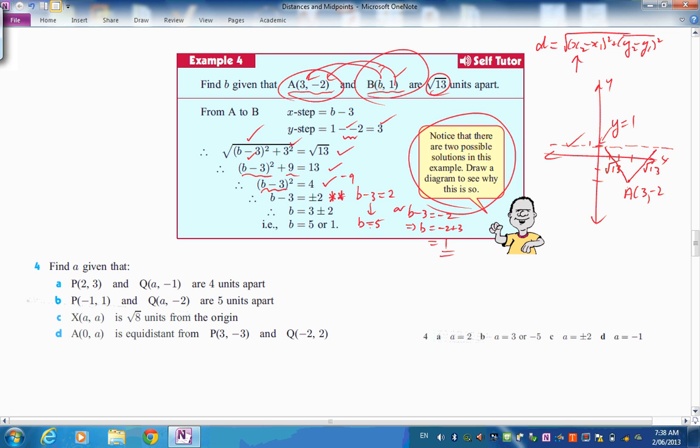So we've got two answers. B is 5 or 1. So that agrees here, doesn't it? We could have 5, 1 or 1, 1, just like I've drawn it there. So both of those would be root 13 units away from A.